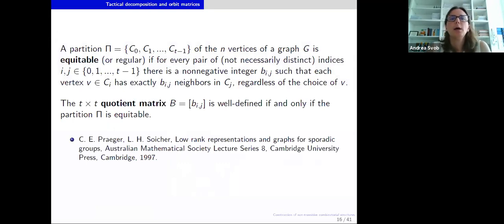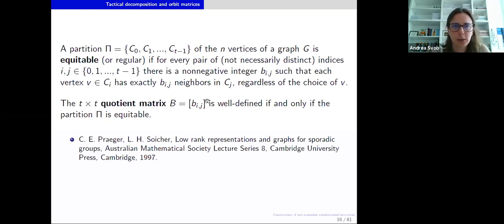Okay, so one special partition that is related to strongly regular graphs is called an equitable partition. Let's see what it is.